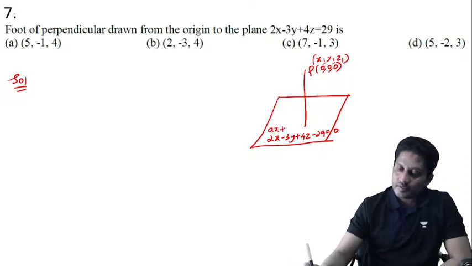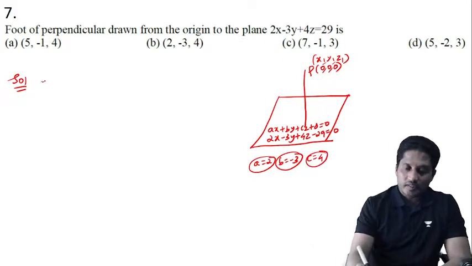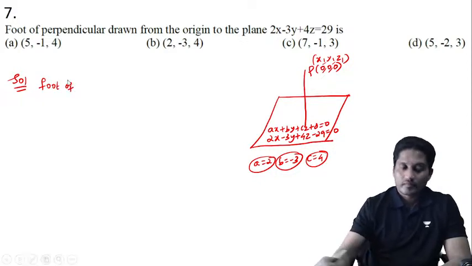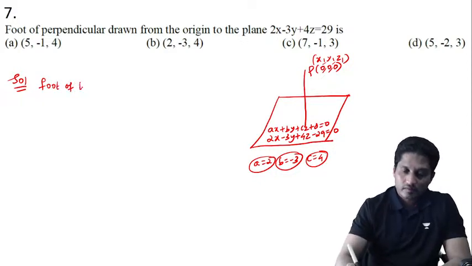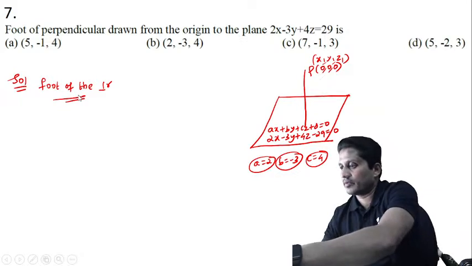This is ax plus by plus cz plus d is equal to 0. a is equal to 2, b is equal to minus 3, c is equal to 4. Foot of the perpendicular formula.